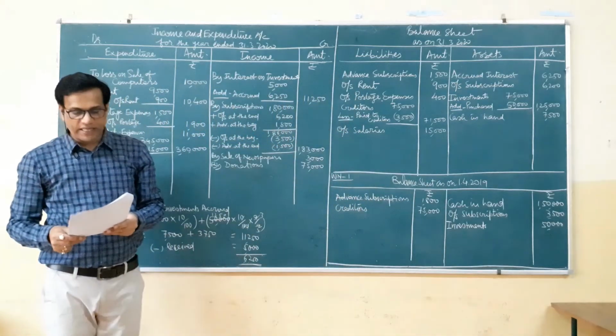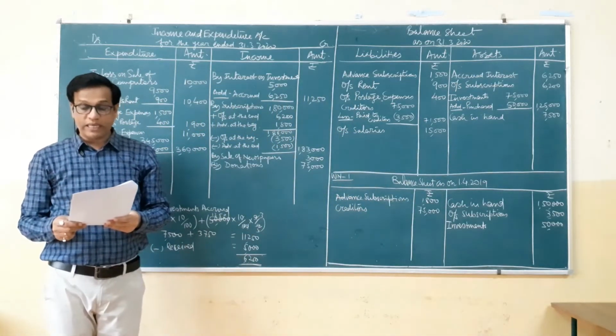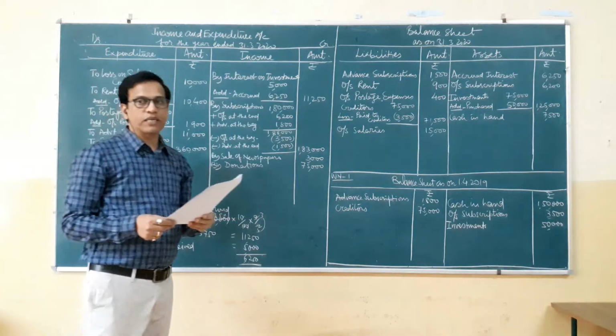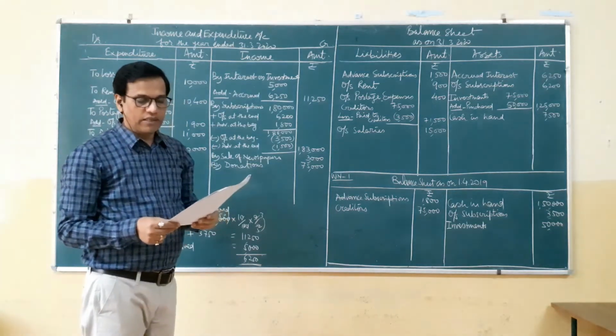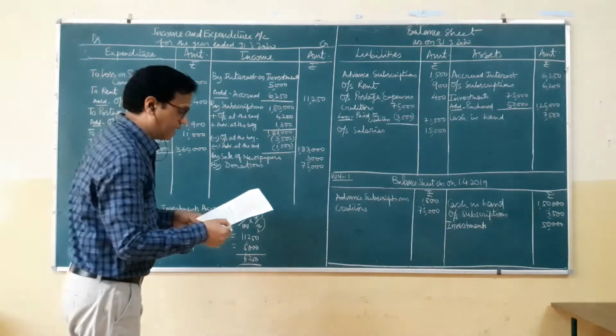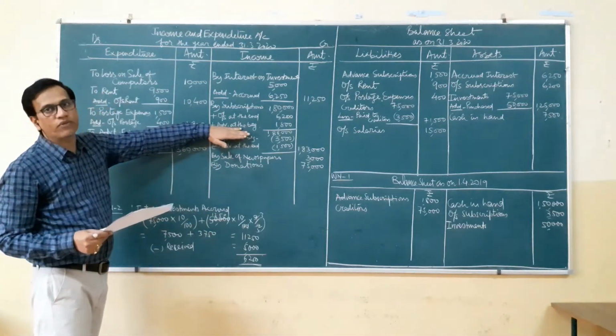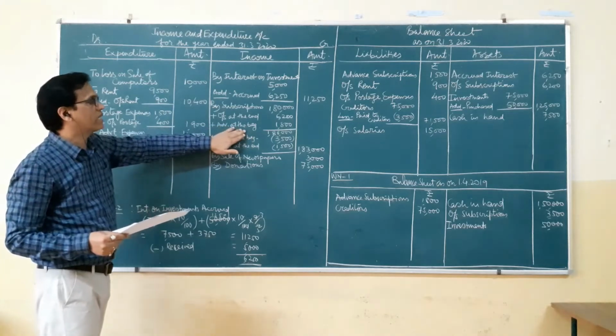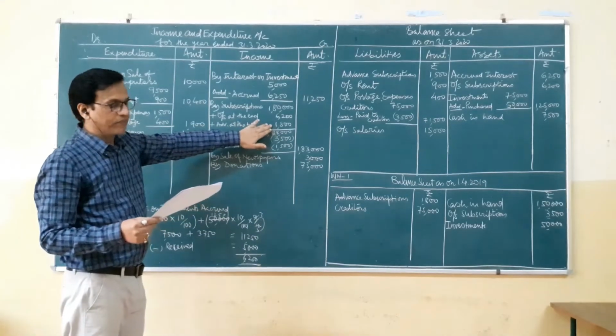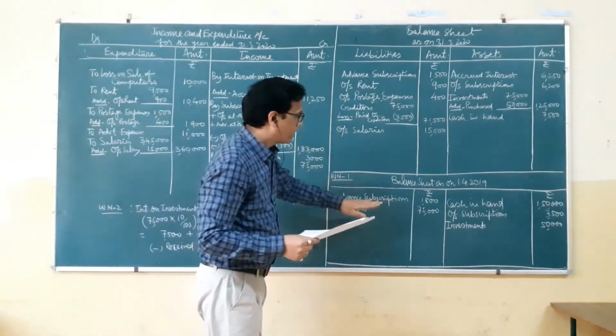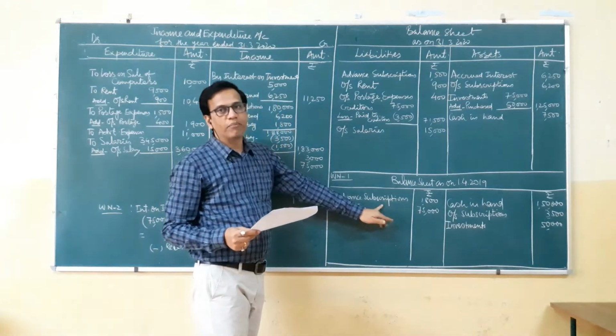Then subscriptions paid in advance on 31st March 2019, that is subscription advance received in the beginning of the year, 1,800. So this is added to the subscription on the credit side of the income and expenditure account. Advance at the beginning 1,800, and this is our liability at the beginning in the balance sheet.